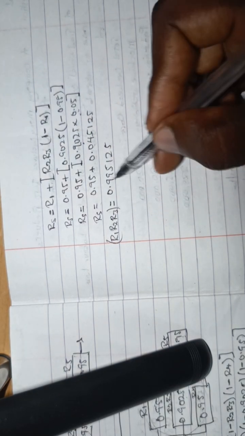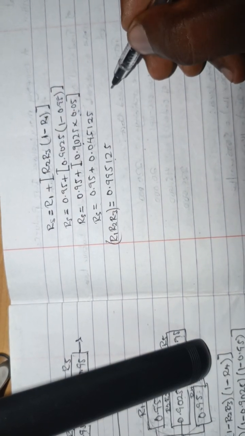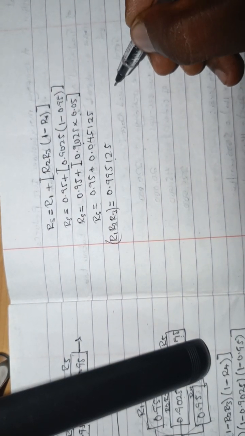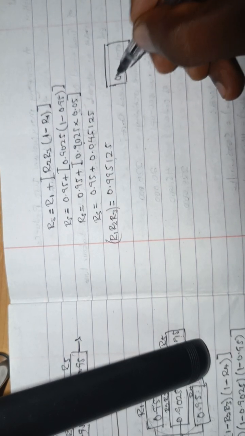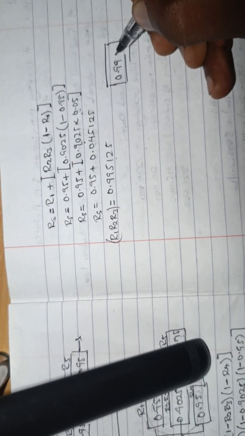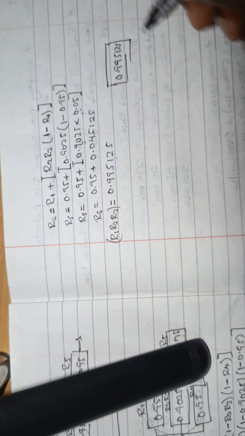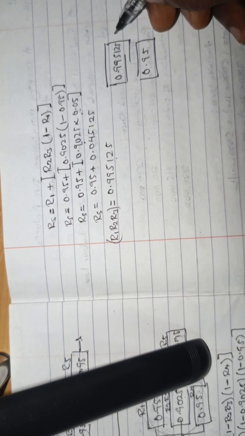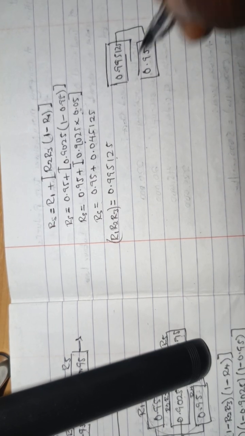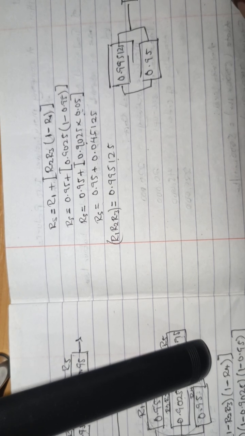So now that we've gotten this, our components have been shortened to this. This is how our component has become now: 0.995125, then 0.95. This is R5.